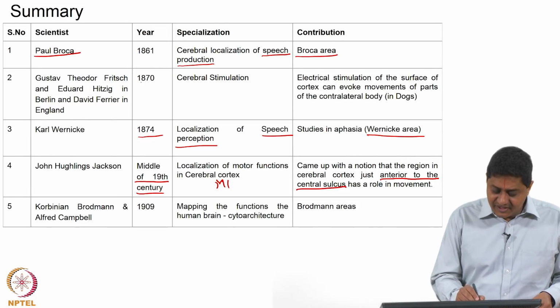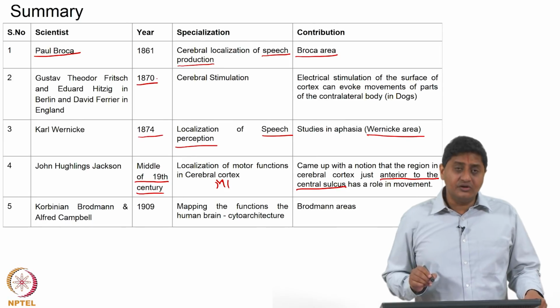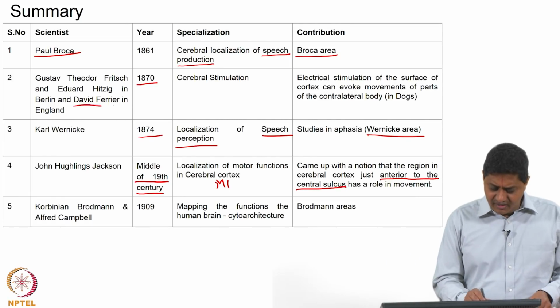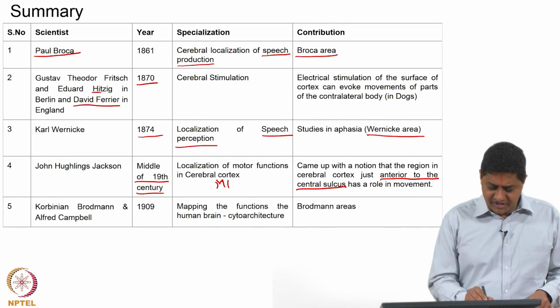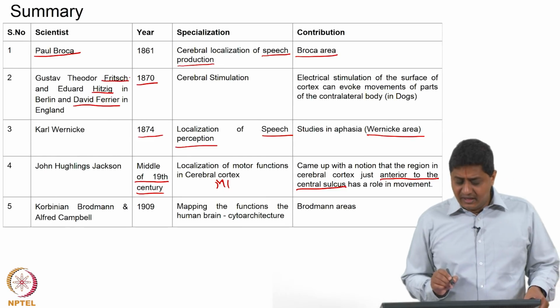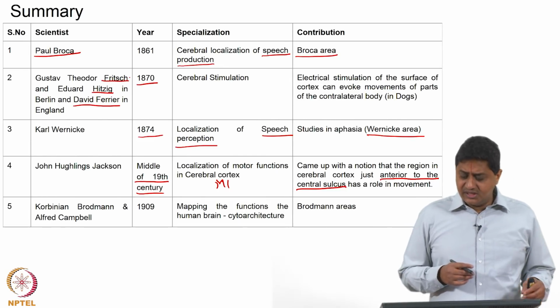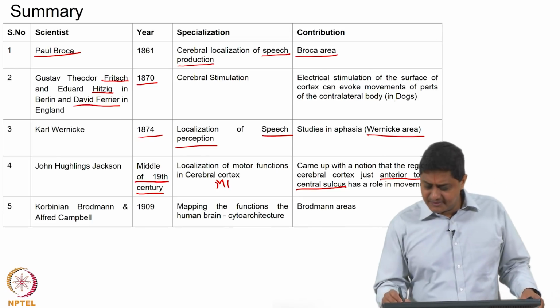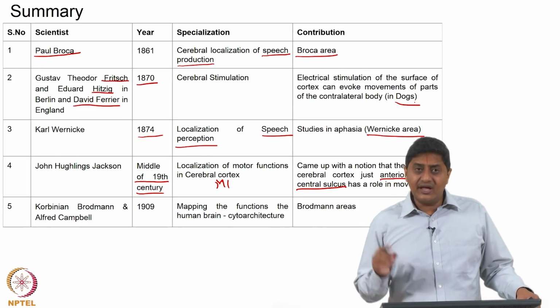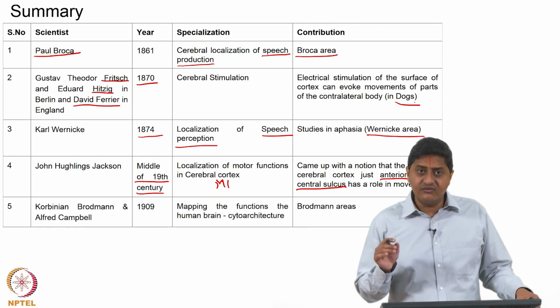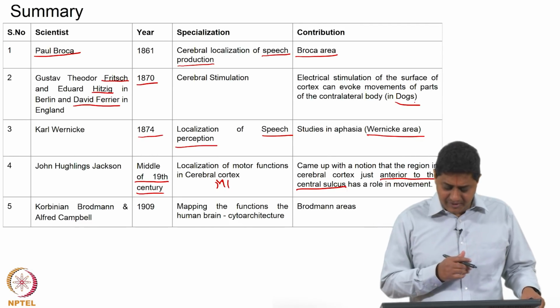And in the 1870s, at around the same time, David Ferrier in England and Fritsch and Hitzig in Berlin studied dogs, and they found that electrical stimulation of the cortex evokes movements on the contralateral side of the body.